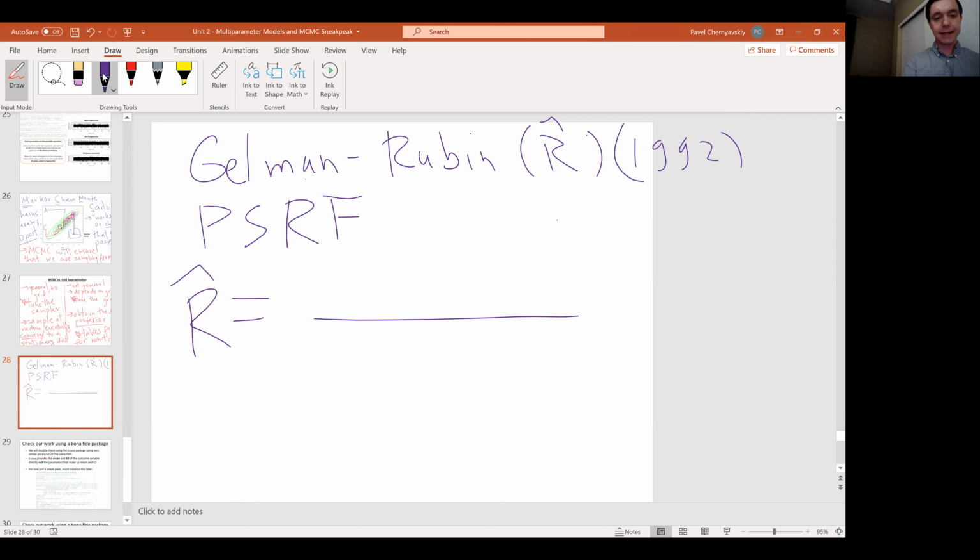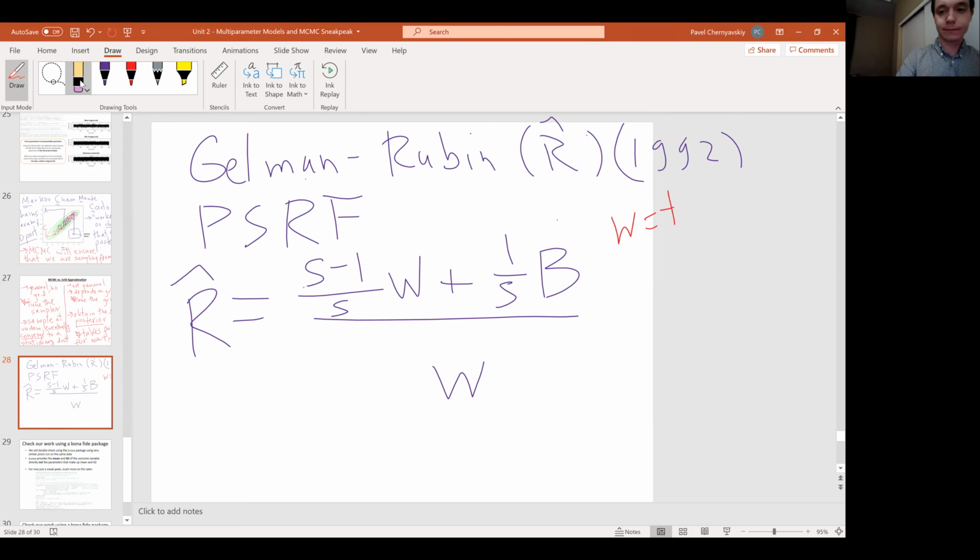Okay, so it's a ratio. It's a ratio of within sample variance and between sample variance. So W is within sample variance. I'm sorry, within chain variance. Within chain variance.